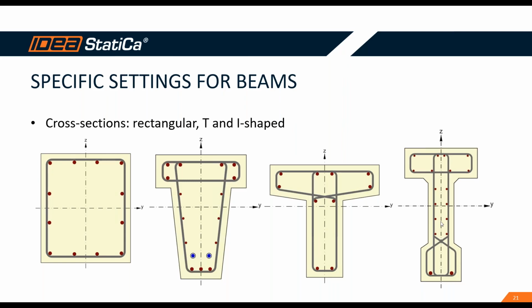By default in the application RCS, we are able to check cross sections which are rectangular, T and I shaped for fire resistance, and the separate parts of the T or I shaped cross sections can have a hinged part, for example, as this T section or this I section here.